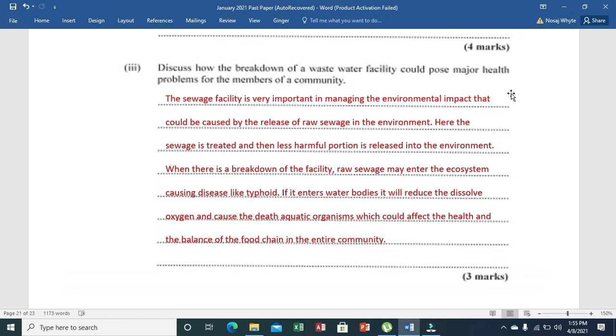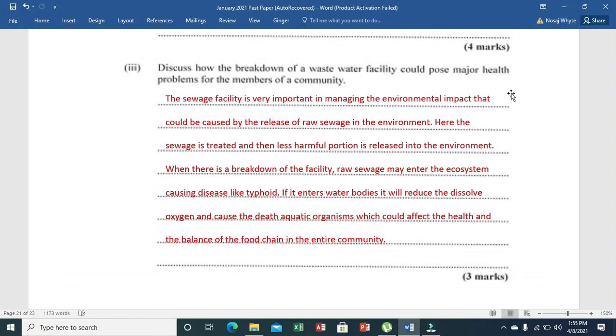If it enters a water body, it will, of course, reduce the dissolved oxygen. Another thing that could happen is that the oxygen in the water will be used up. That's the dissolved oxygen. It will be used for the decomposition of the sewage that enters the water.